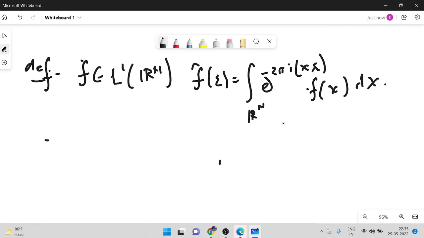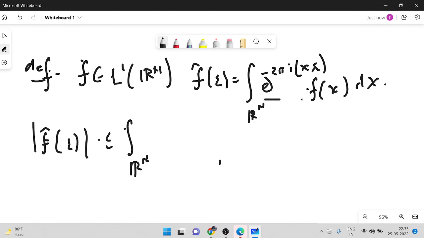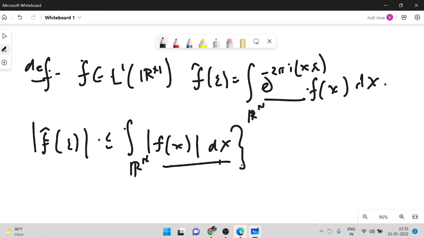Right. So now we'll start with the well-definedness of the Fourier transform. Mod of f hat of epsilon is less than or equal to the integral over R^n. The modulus of the exponential is 1, so it is just mod f of x dx, which is integrable, hence the Fourier transform is well defined.